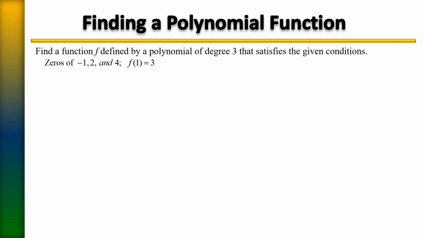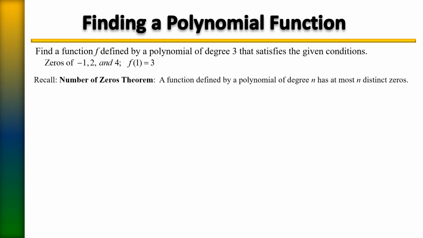If one of the zeros is -1, recall that to write it as a factor, it has to be in the form x minus k. So being that it's negative, x minus -1 would be x plus 1. Recall it's always the opposite. So our first factor is x plus 1. The next one is x minus 2. And then the last one, if you guessed it, x minus 4.